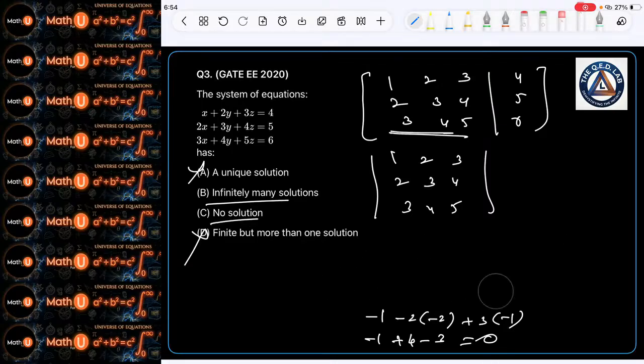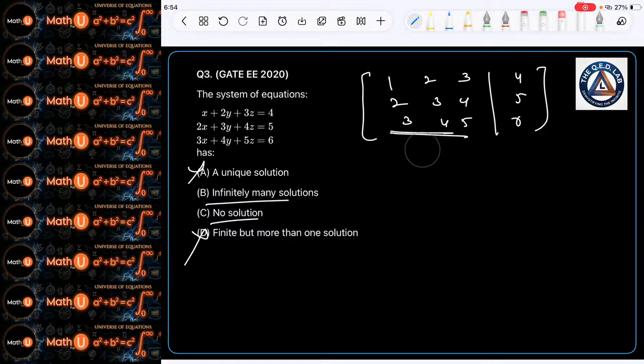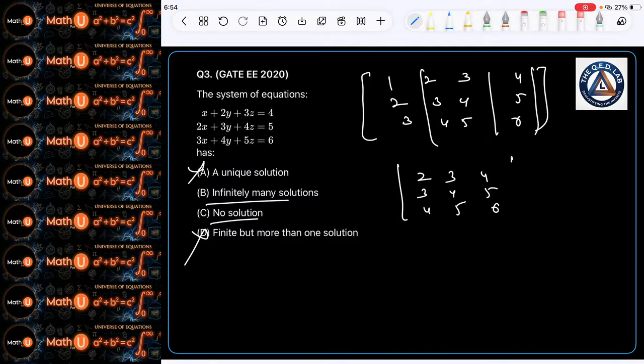Again you should find the determinant of these elements: 2 3 4, 3 4 5, 4 5 6. Expand the determinant. If this determinant equals 0, it is infinite. If it is not equal to 0, there is no solution.